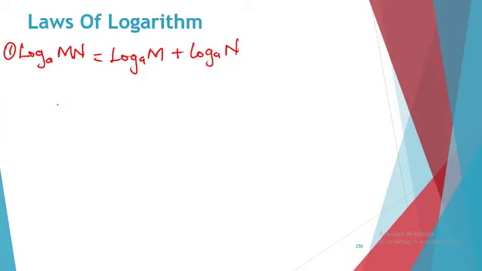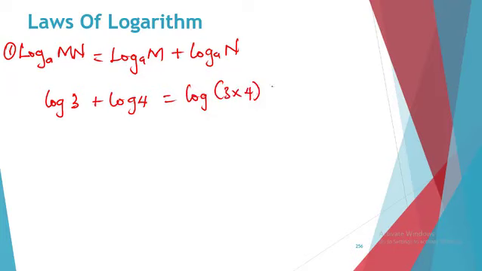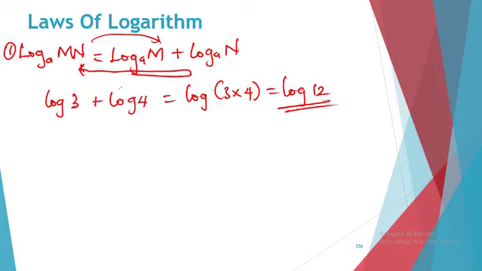That is to say, if we have, let's say, log 3 plus log 4, it is just the same thing as log 3 times 4, which is equal to log 12. You can rewrite this to this form, and you can rewrite this too to this form.